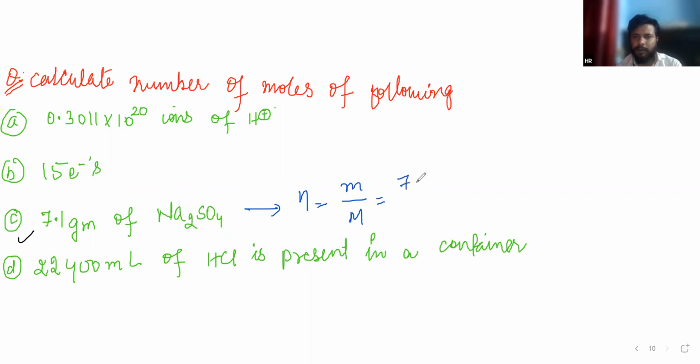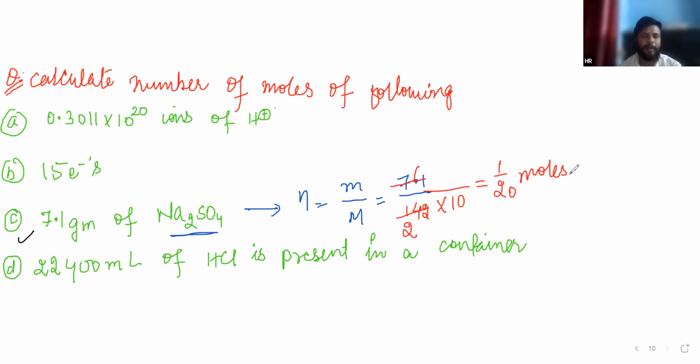What is the mass given? 7.1. Tell me the molar mass of Na2SO4. Just write it in chat box. 142. Okay, 142, it's right. Just remove the decimal, and it will be 10 in the denominator, and it will be cancelled by 2 times. Then what will it be? 1 by 20 moles. Now, how can it be 20 moles?